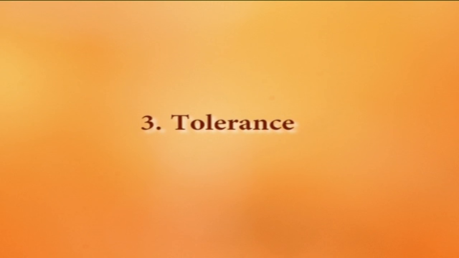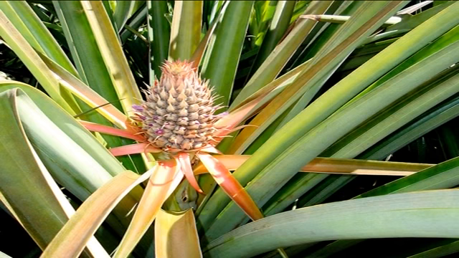Next is tolerance. It is resistance in which a plant is able to withstand or recover from damage caused by insect pest abundance equal to that damaging a plant without resistant characters. Tolerance is a plant response to an insect pest.